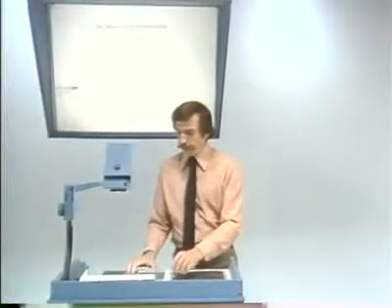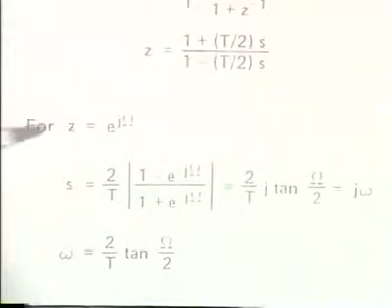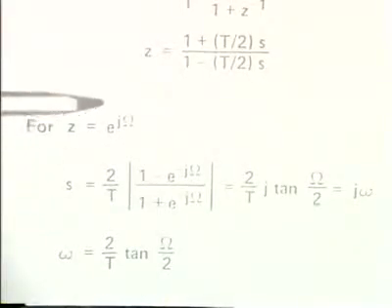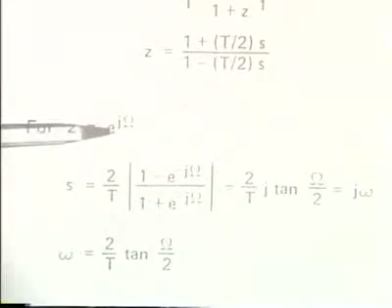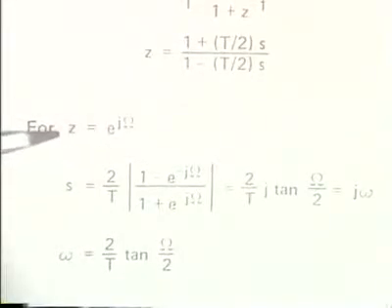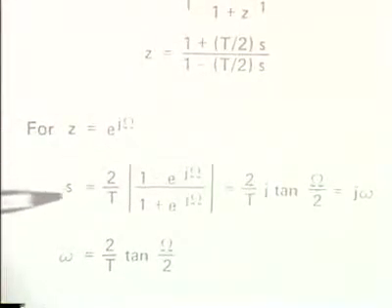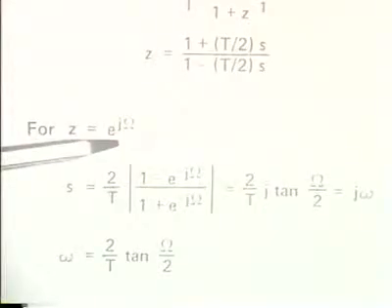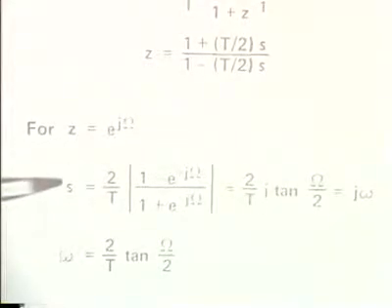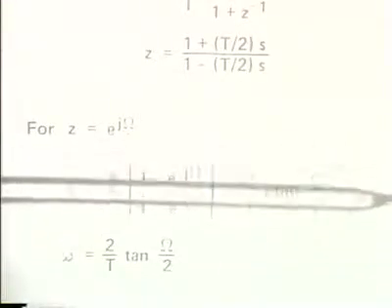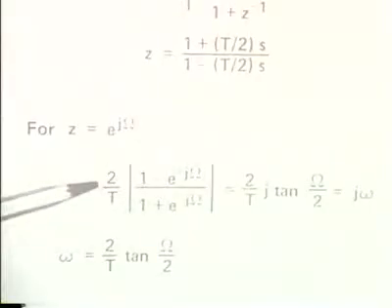And in particular, if we were to substitute into the expression z equal to e to the j omega corresponding to the unit circle, we would find that the unit circle in discrete time corresponds to mapping the j omega axis in continuous time, which is exactly what we want.